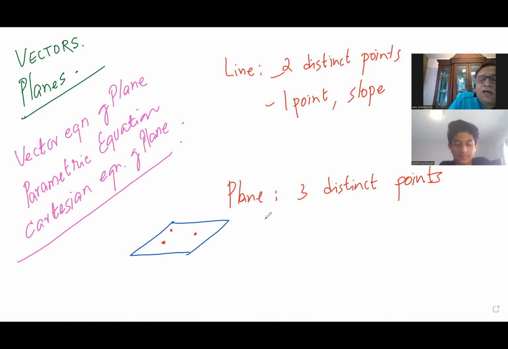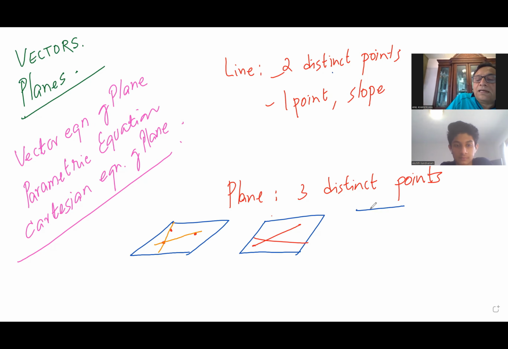And we could have defined a plane by 2 lines also. So if I have 2 lines, let's say these are the 2 lines, they also define a plane. Right. So 2 lines, you could consider, let's say 3 points. You could see 3 points also give you 2 lines, right? Right. So 2 intersecting lines also give you a plane.